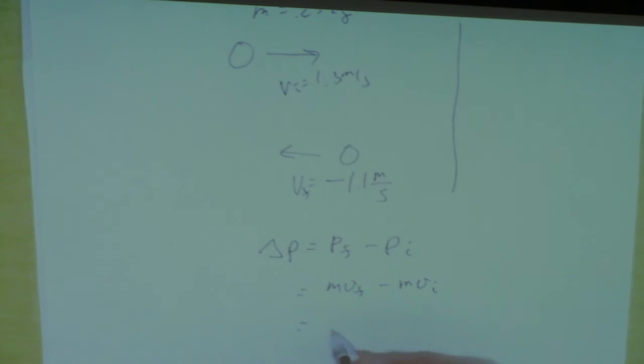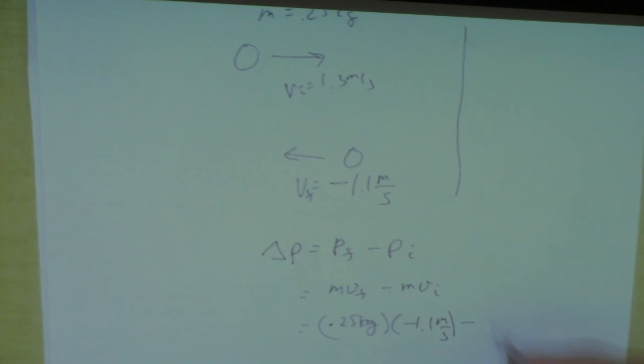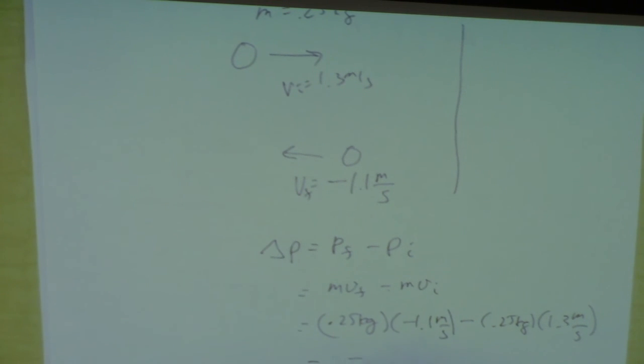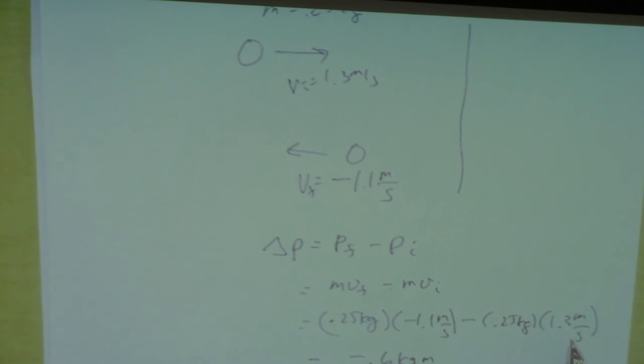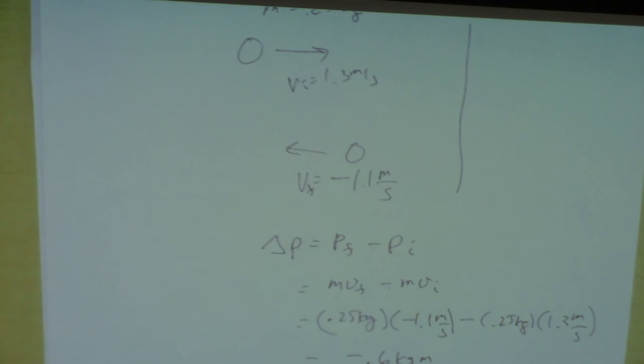So let's actually put these numbers in. 0.25 times minus 1.1, and then minus 0.25 times 1.3. I think that's what I get, 0.6 with the minus sign.